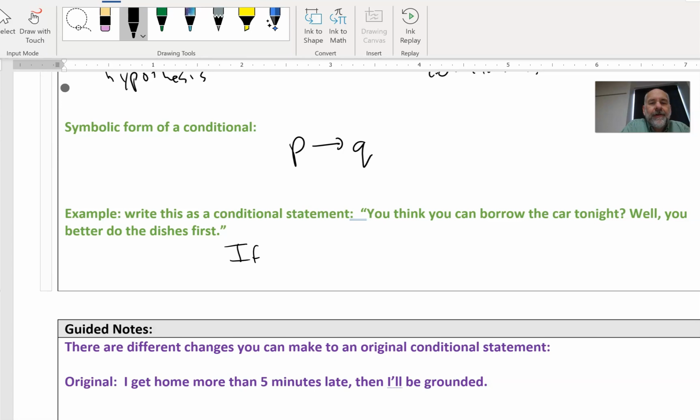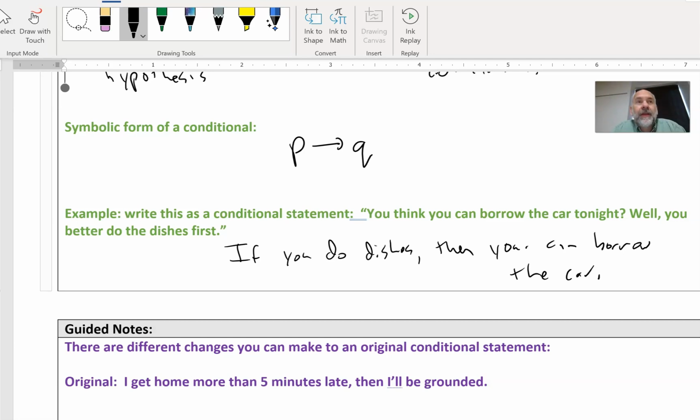So if you do the dishes, then you can borrow the car. So please notice that I wrote the statement above, you can borrow the car, in backwards order. Sometimes something might be written in English backwards, where it's an if-then situation, but with the language that they used, the conclusion came first and the hypothesis came second.